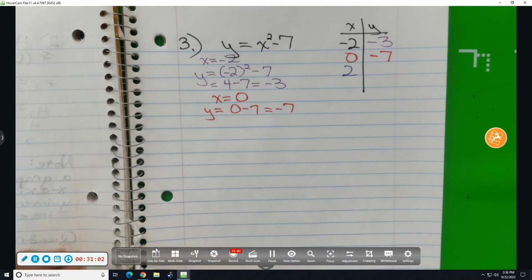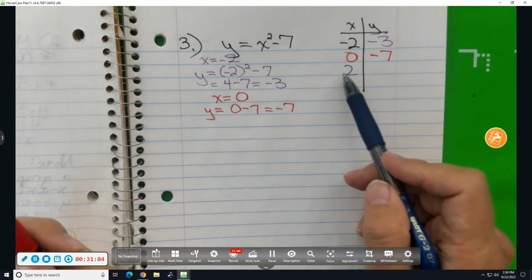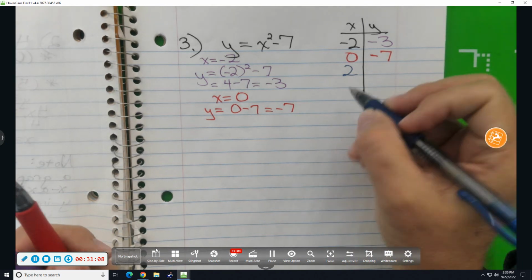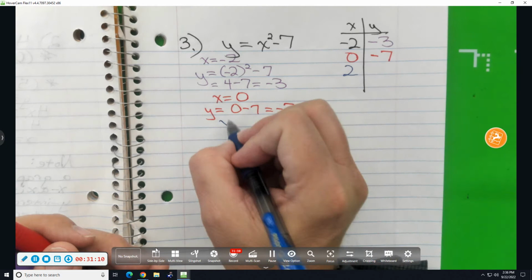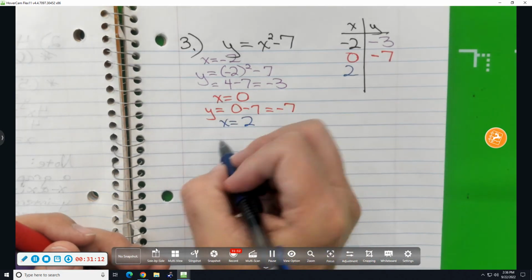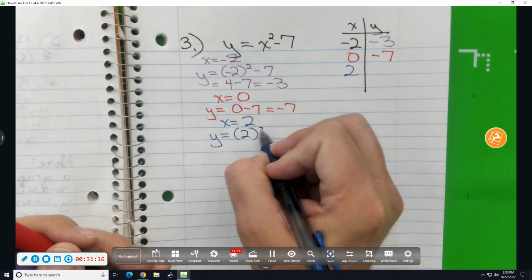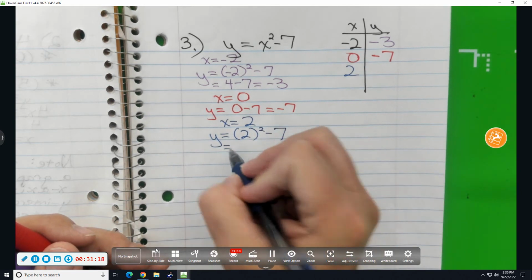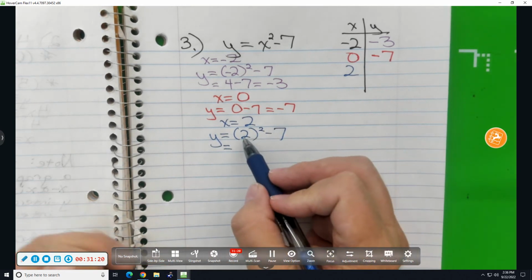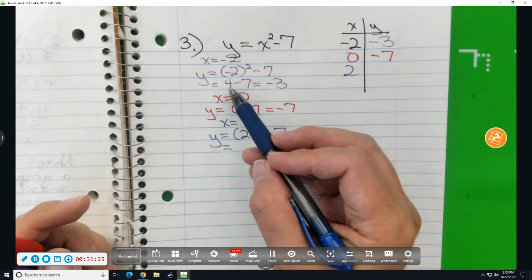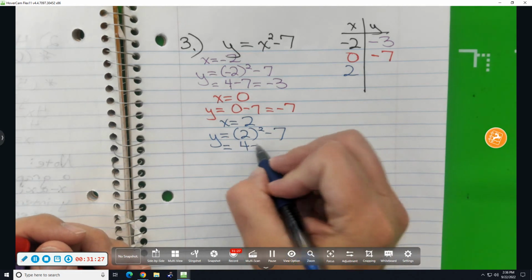And what's this third row saying to do? Replace x with 2, which would be the same as the first one because -2 squared and 2 squared equal the same thing. That 2 squared will be another +4 minus 7.